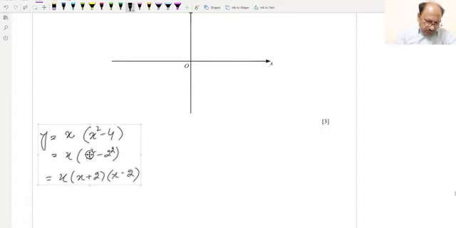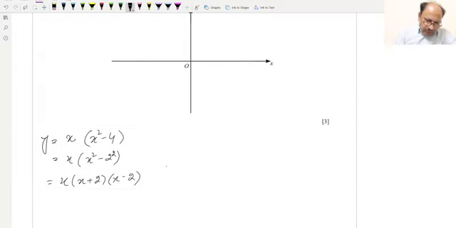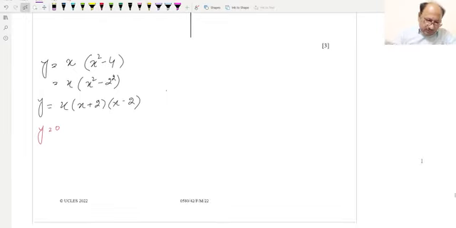Now this will be y. So y is equal to this one on x-axis. Now we are checking for x-axis. On x-axis y will be equal to 0. So x into x plus 2 and into x minus 2 is equal to 0.